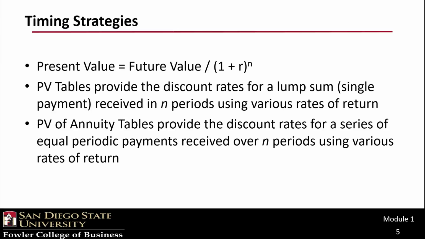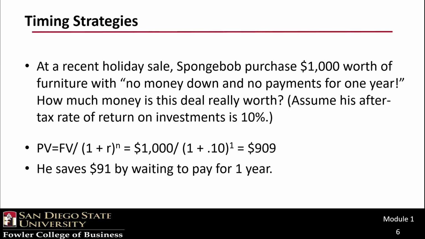There's one for the present value of $1 and a different one for the present value of an annuity. But I will tell you that your best bet is just to get a calculator that does the financial calculations for you. I don't really care how you compute present value, but I will tell you that calculators are the fastest. Let's start our timing strategy with a non-tax example.